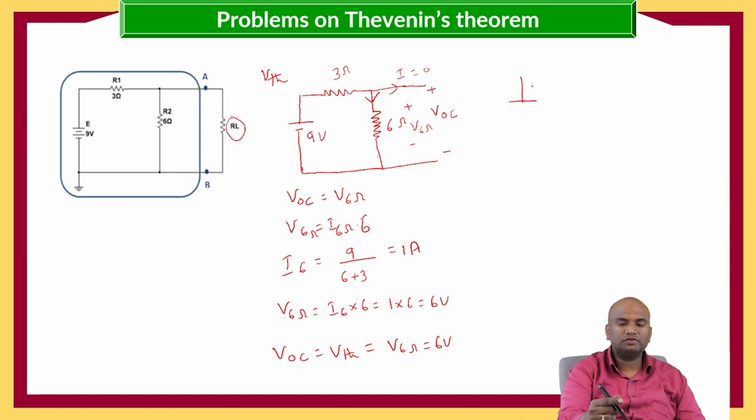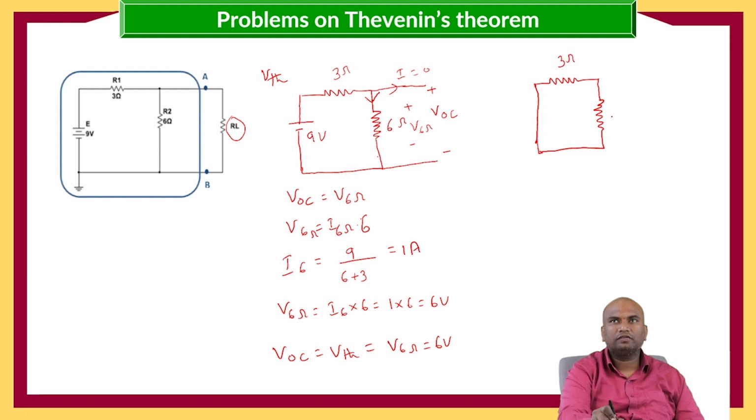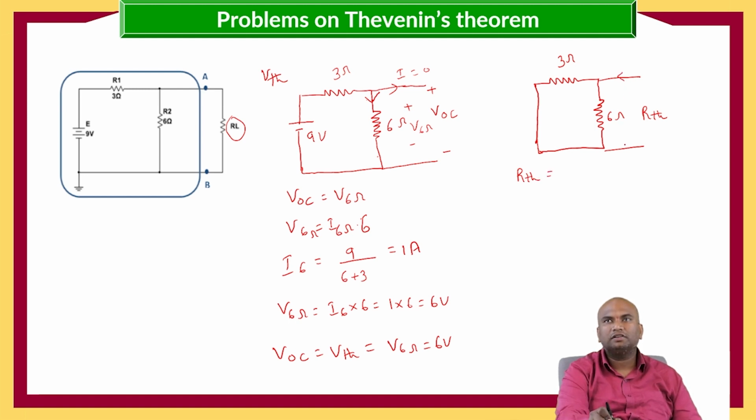Here the voltage source is replaced with the short circuit, and the resistances are 3 ohms, 6 ohms, 3 ohms, 6 ohms, and we need to calculate the RTH.